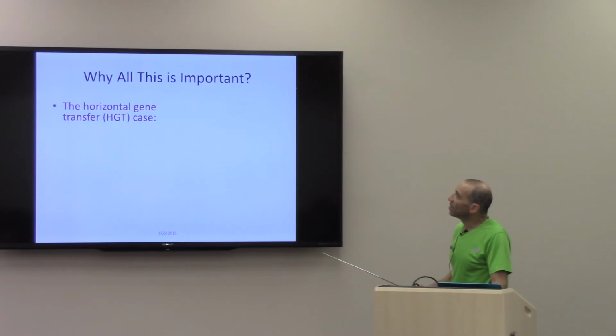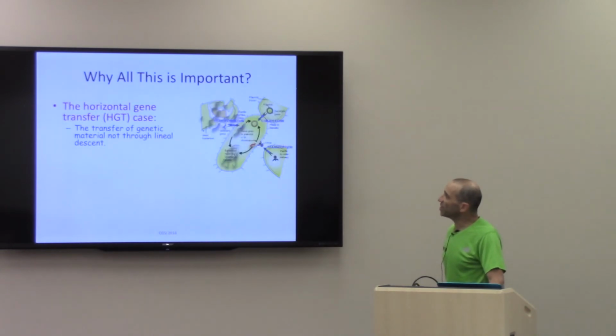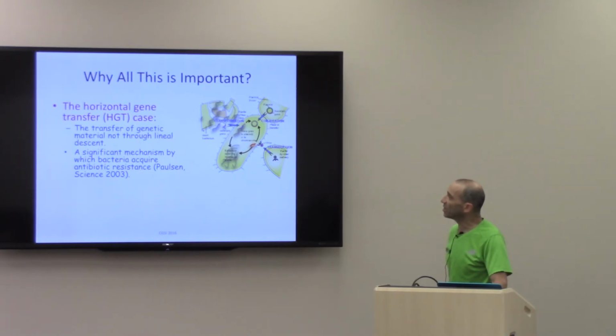The horizontal gene transfer case is one case. It is the transfer of genetic material not through linear descent, a significant mechanism by which bacteria acquire antibiotic resistance.